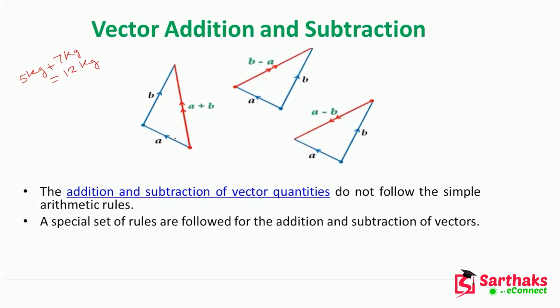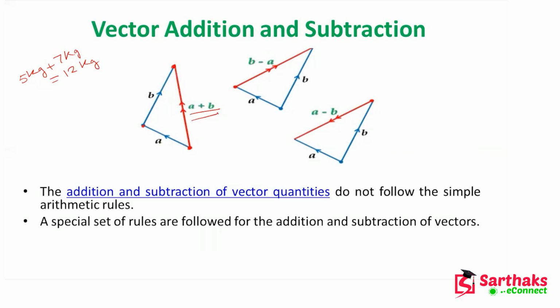Here you can see one vector, with its tail and head. Then from this head, the B vector's tail is connected, and the head is here. So you connect the tail of the A vector and the head of the B vector.